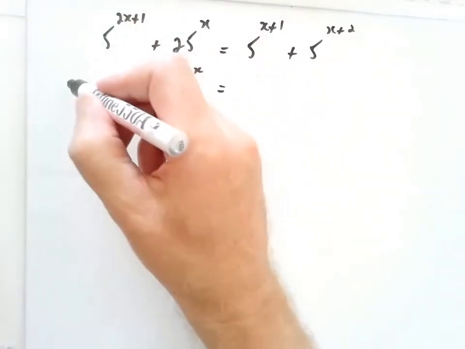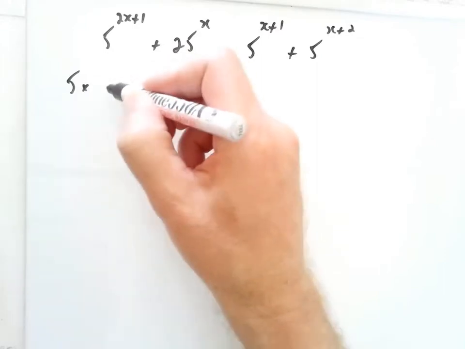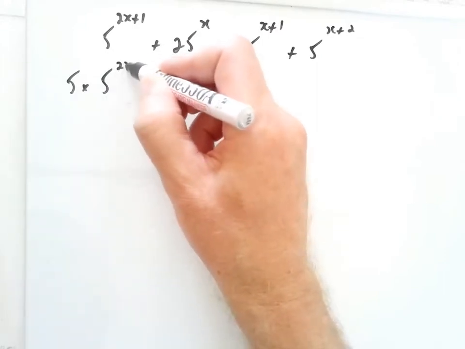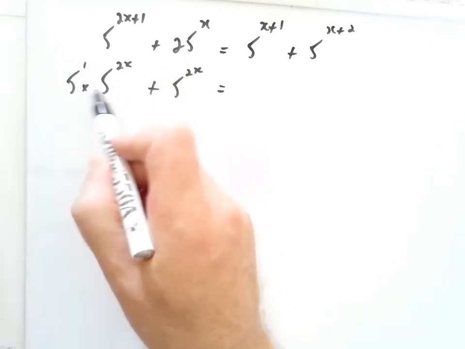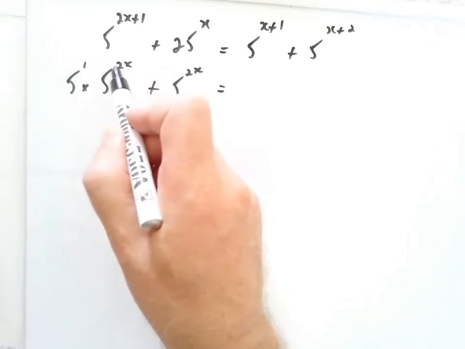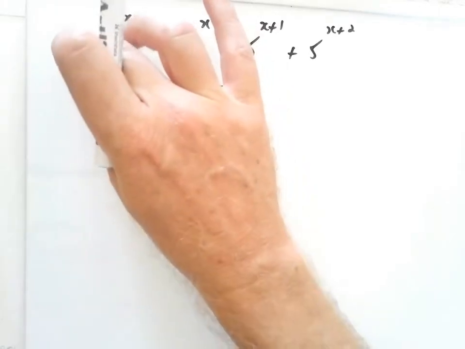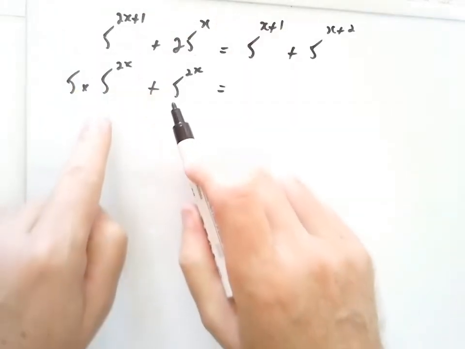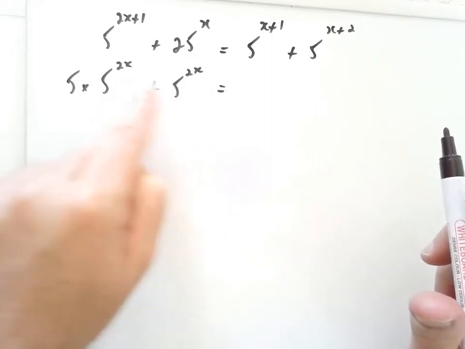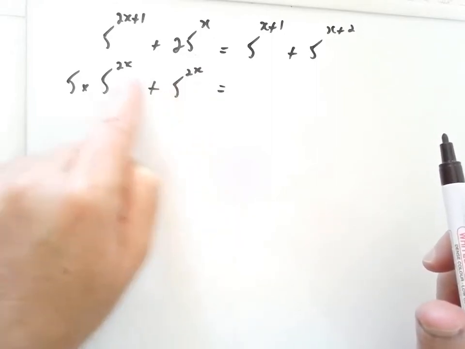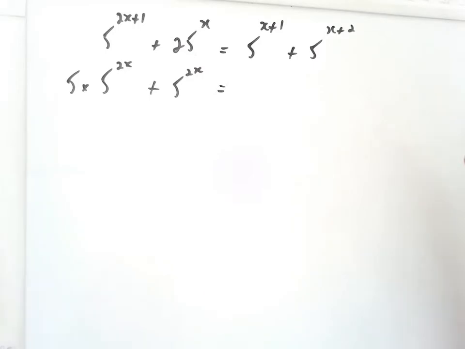So how about I go 5 times 5 to the 2x, because multiplying like bases, I would add the exponent, so that's my 2x plus 1. I just don't need to show that there. So now at least I've got my common base of 5 and my common power there.